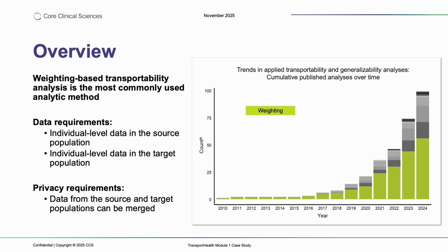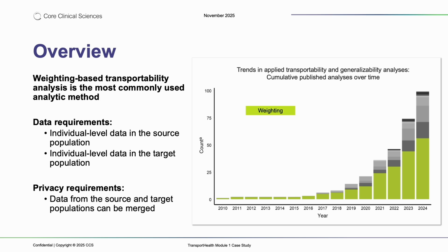And weighting-based transportability analysis is the most commonly used analytic method. So you can see here, the green is the proportion of all published transportability and generalizability analyses that use weighting-based approaches. And in terms of what's required to do this from a data perspective, we need individual level data in the source population.